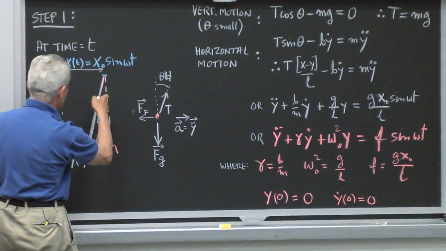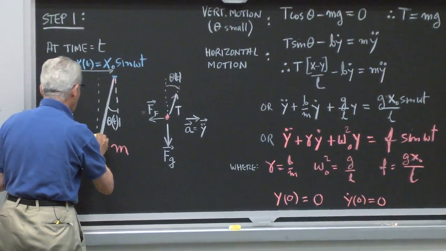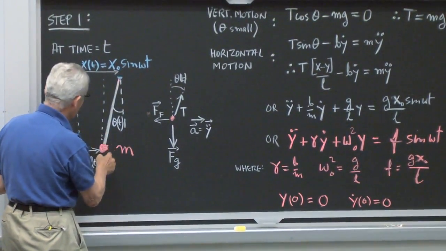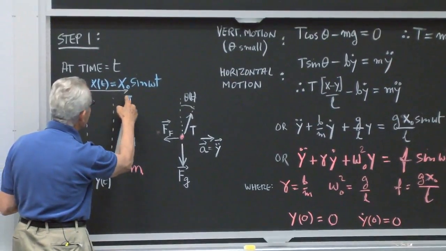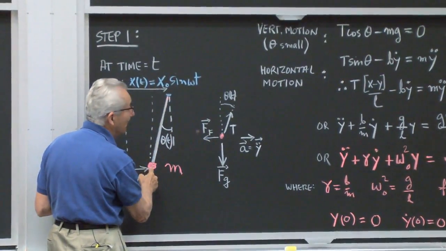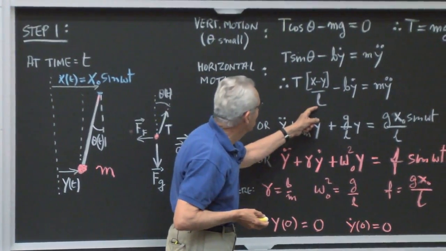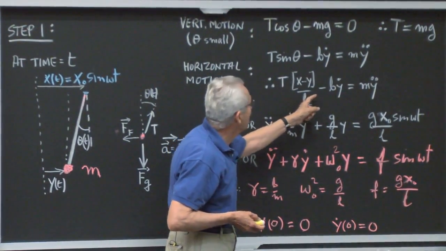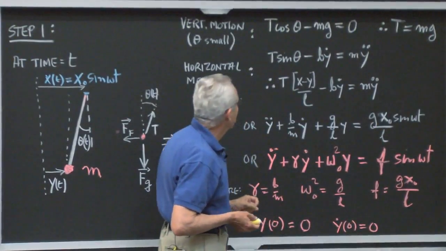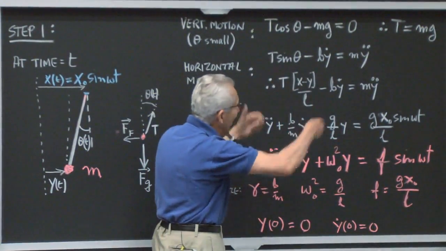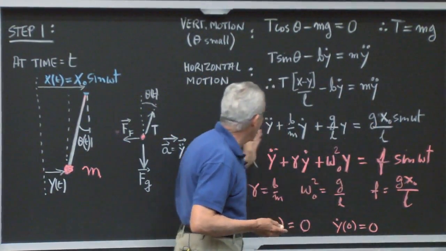This angle equals that one, so sine theta is this distance divided by that length. And this distance is x minus y over L. So this is sine theta minus b x dot equals this. Quickly I can play with the algebra and I end up with this equation.